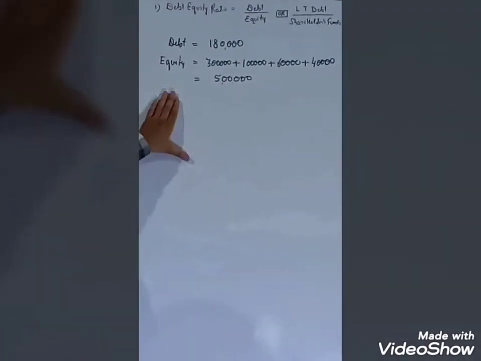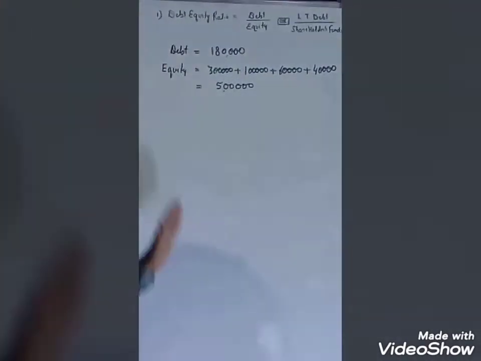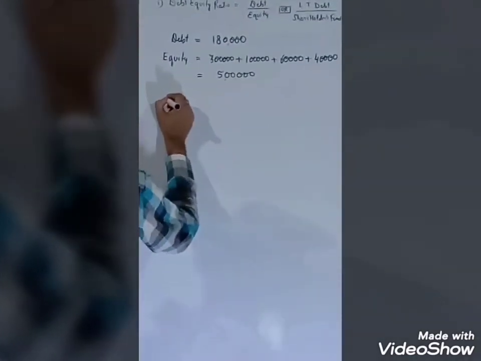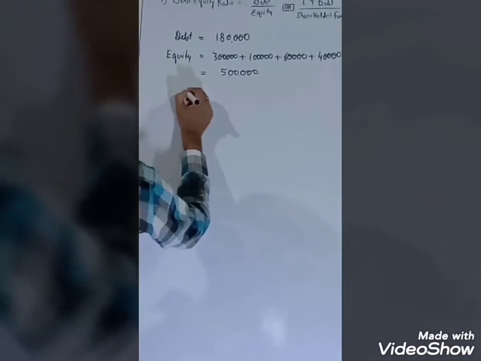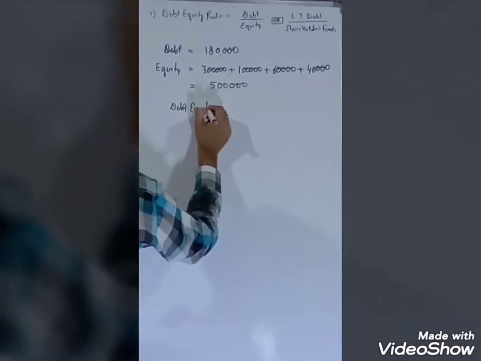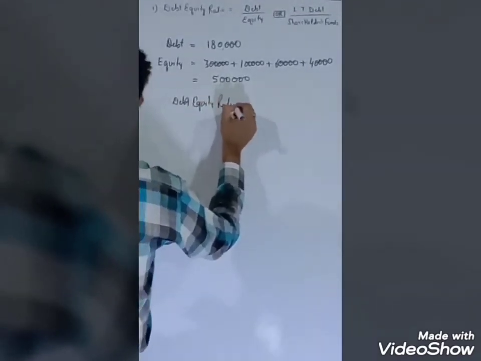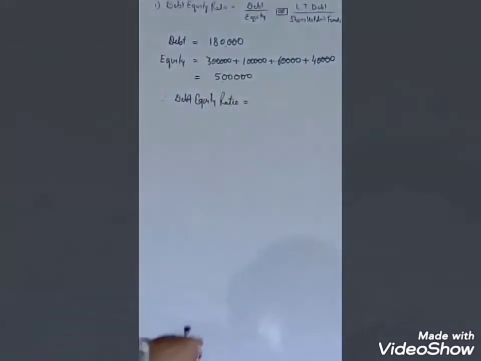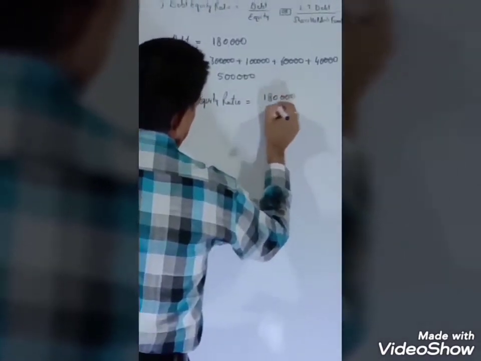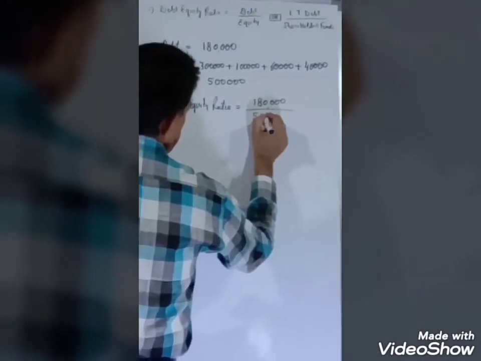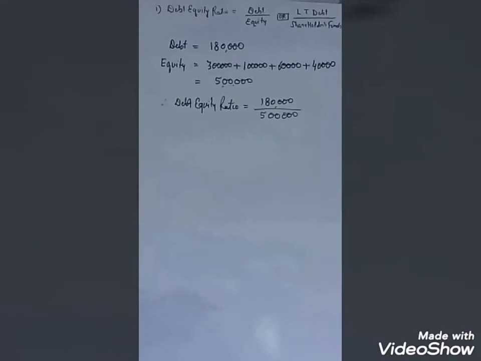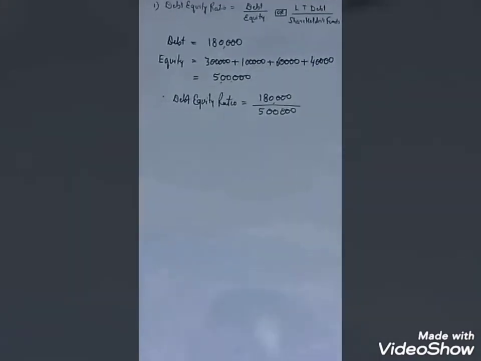Now on the basis of this information, we are going to calculate the debt equity ratio. Therefore, debt equity ratio is equal to debt, rupees 1,80,000, whereas equity is rupees 5 lakh. So 1,80,000 is to be divided by 5 lakh.